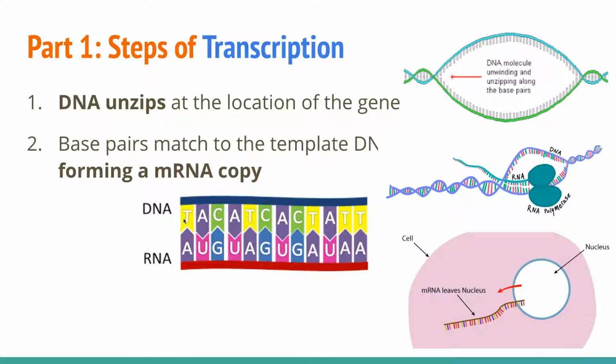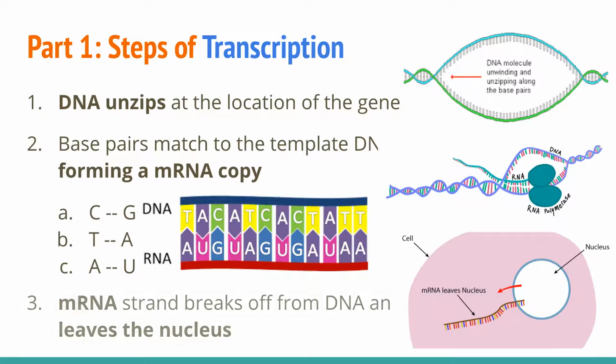So if you look right here, let's say we took this section, and this is the first section of DNA. It matches up with its base pairs. Remember, we talked about those a little bit. So once it gets the base pairs all matched up, that is the code that gets sent outside of the nucleus. So messenger RNA breaks off from DNA and then leaves the nucleus, which happens right there.